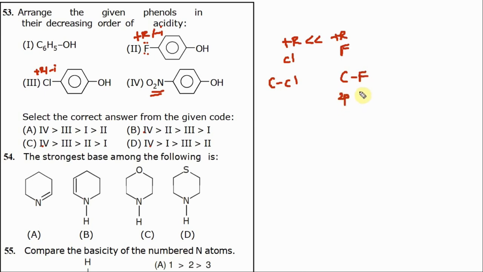Carbon is 2p, second group, second period, correct? Fluorine is in the same period as carbon, chlorine is below. So this is 3p, this is 2p. 2p-2p overlap is much better than 2p-3p overlap. So plus R of fluorine is higher. If plus R is higher, the minus I being higher doesn't matter. It's going to be weaker compared to Cl.